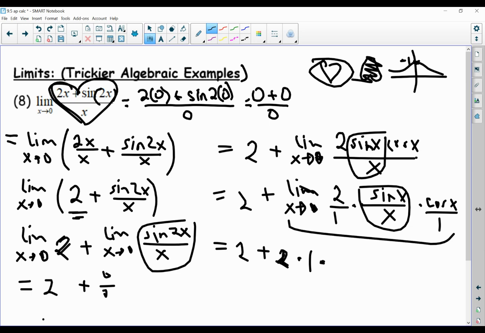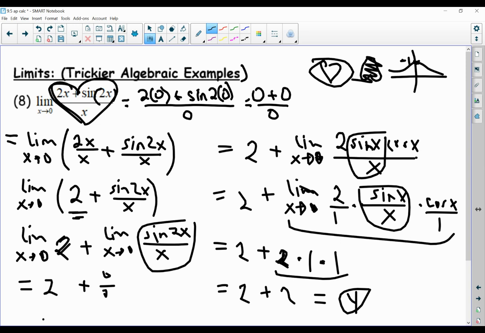And then the limit of cosine of x over 1 would just be cosine of 0, which is also 1. So when I evaluate each piece of the limit using the properties, I end up with 2, which was the limit from the first part, plus 2, which is now the limit of this product together, which gives me a limit of 4.